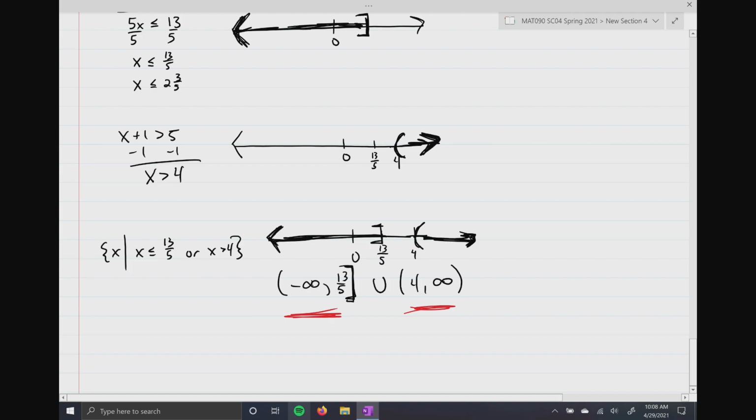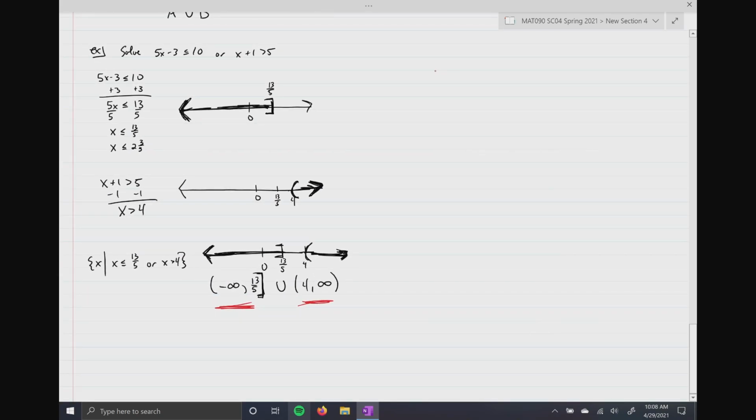Negative infinity to 13/5 or 4 to infinity. Watch what happens if you actually choose a number that's not inside those two, like the number 3. 5 times 3 minus 3, less than or equal to 10. So 5 times 3 is 15. 15 minus 3 is 12.